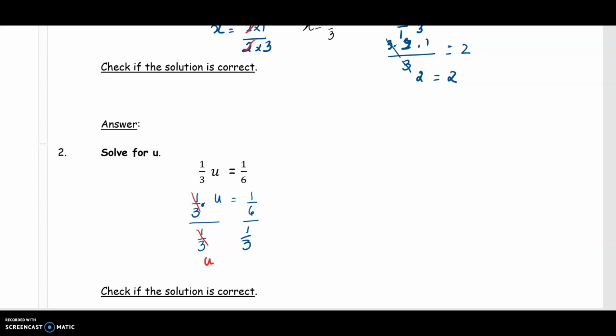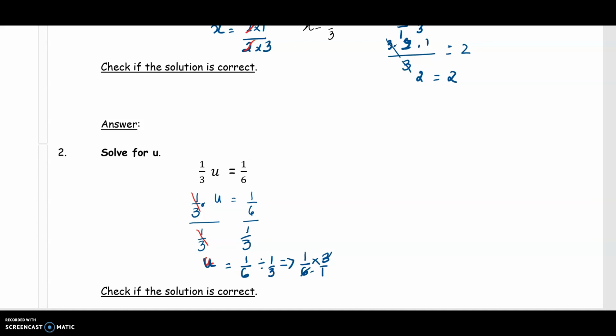And I get u equals 1/6 divided by 1/3, which is the same as 1/6 multiplied by the reciprocal of 1/3, which is 3 over 1.